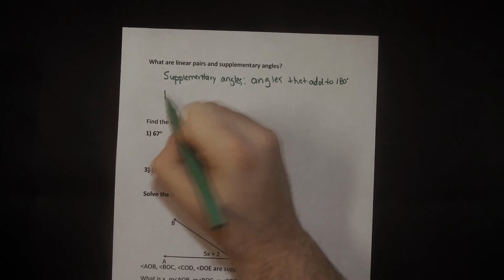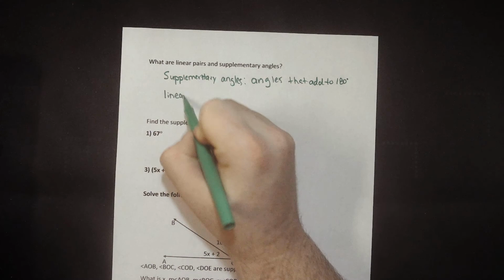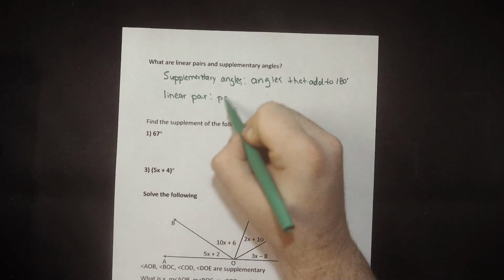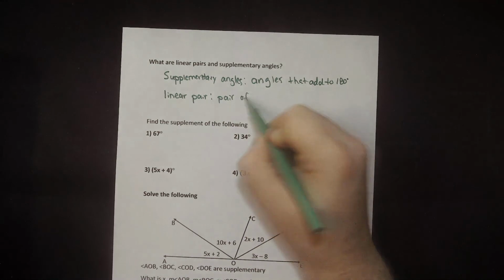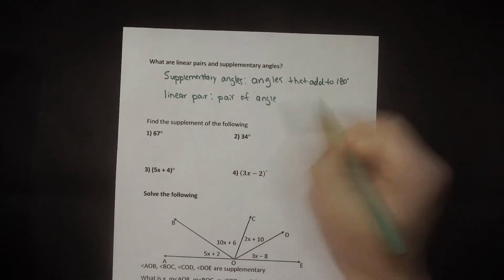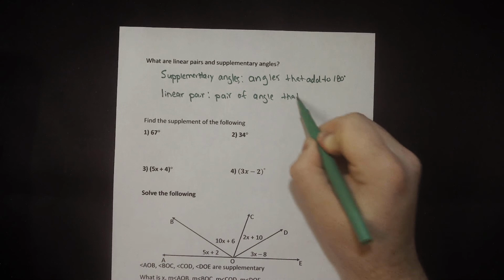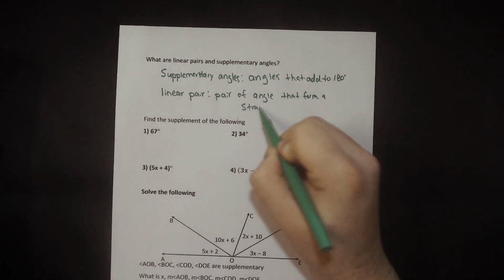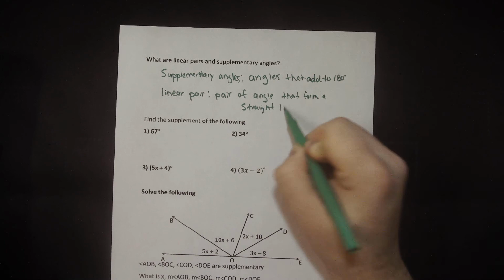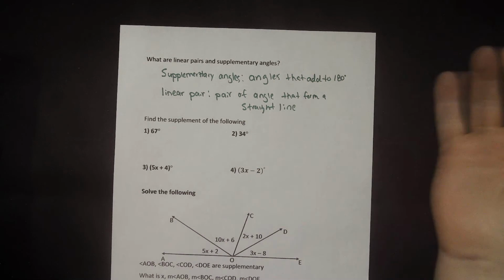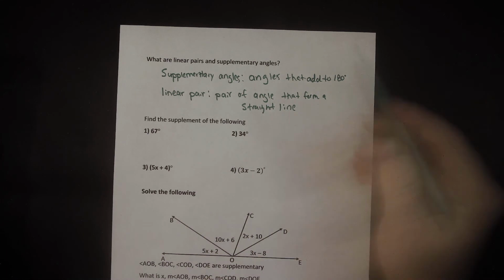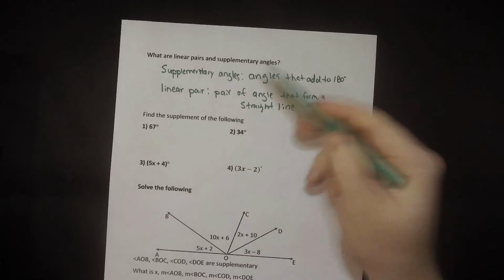Now, we have this kind of weaker definition of linear pair. What this is, a pair of angles that form a straight line. They're a linear pair, a pair that would add up to be a line. So what we're going to see here is that a linear pair is supplementary angles.